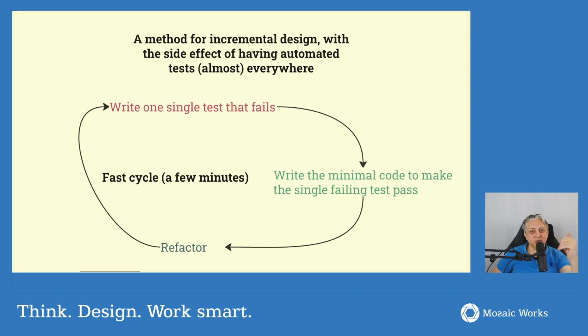Because if it takes 2 days to prove that the last change is working, then this method of incremental design doesn't make sense, right? Imagine this, you make a simple change, you take it to the testing department, they do their testing for 2 days, they tell you, oh, it fails, okay. Now I'm gonna make some modifications and so on. It doesn't work. So these cycles have to be really fast.